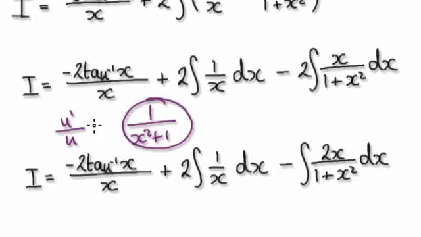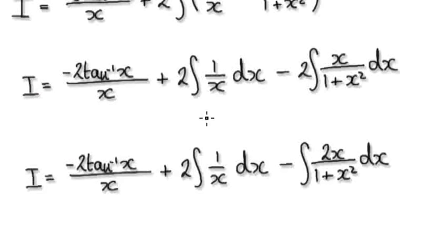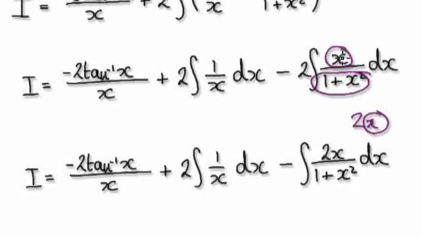Well, if you integrate this, then this here is the natural log. So when you look at this here, this is of the form u prime over u, because if you differentiate this, it will give you 2x here, and then this x here is very similar to this.